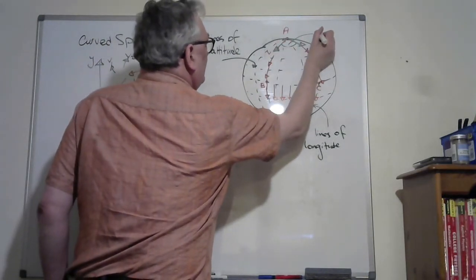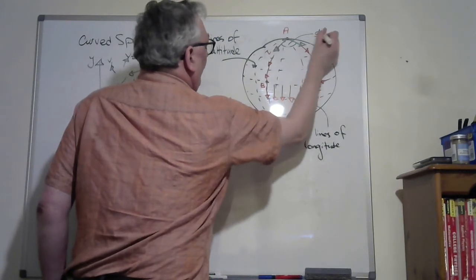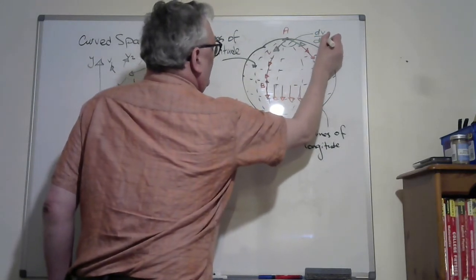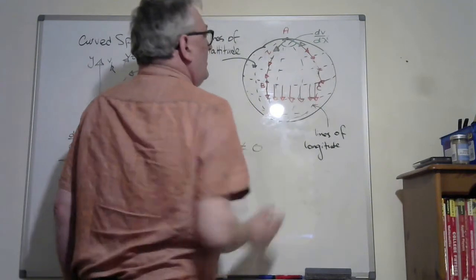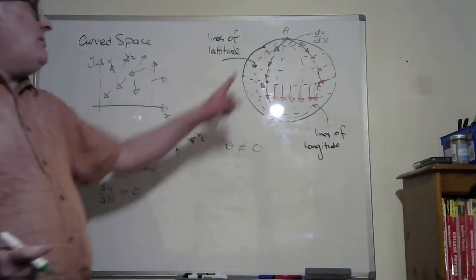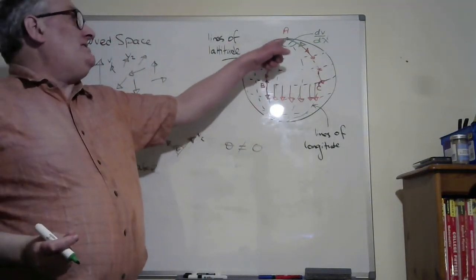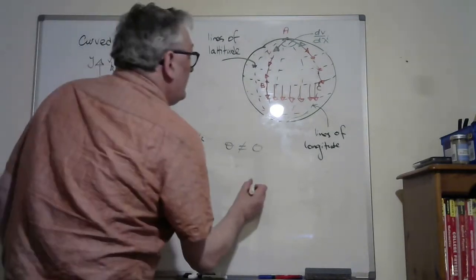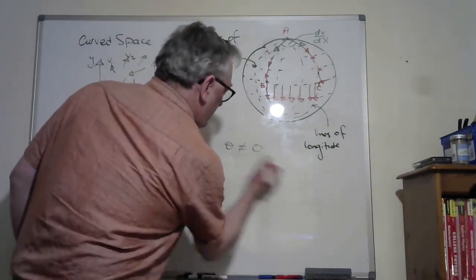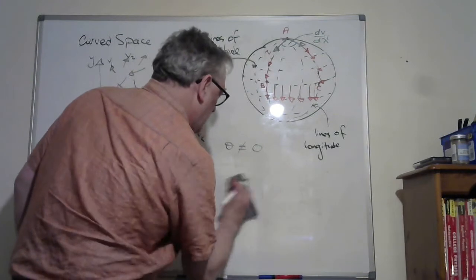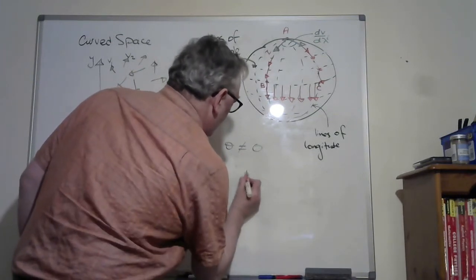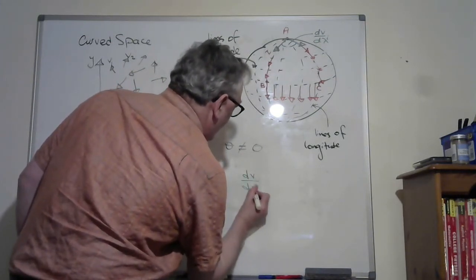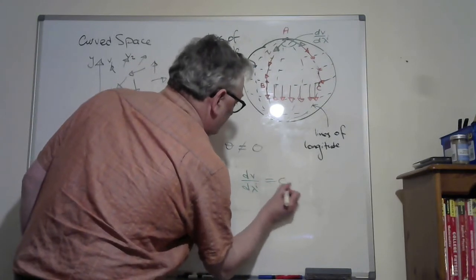Let's call it dv by d lambda sub I. It's a covariant derivative. Now, clearly, that is not zero, but we want to make dv by d lambda I equal to 0.